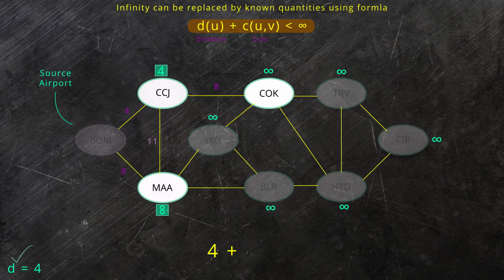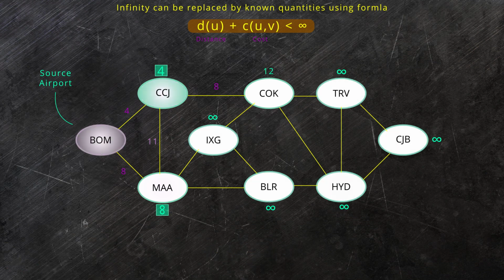So 4 plus 8 is 12. 12 is less than infinity, so we'll be updating this particular node. So all the roads from CCJ to COK and MAA have been updated. Therefore, we will be eliminating this airport also.